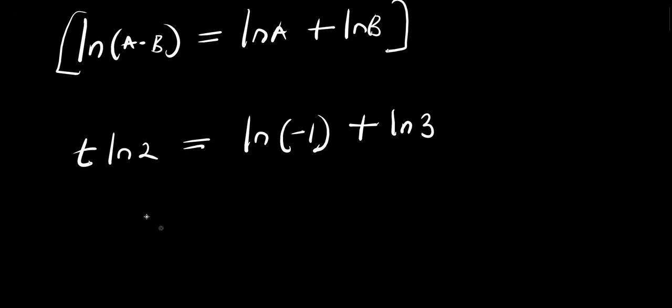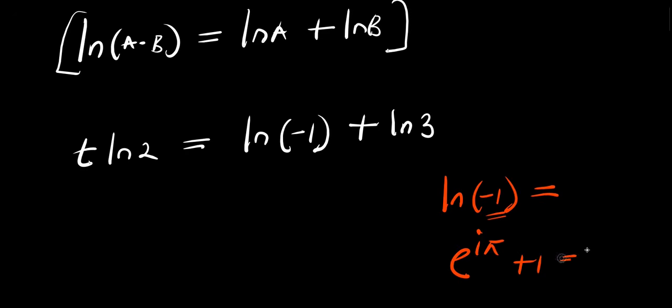Now, when you have natural log of negative 1, I can replace this negative 1 with this identity: e power i times pi plus 1 equals 0, meaning e power i times pi equals negative 1. Moving this over here, so there's negative 1 here. I'm replacing it with this.